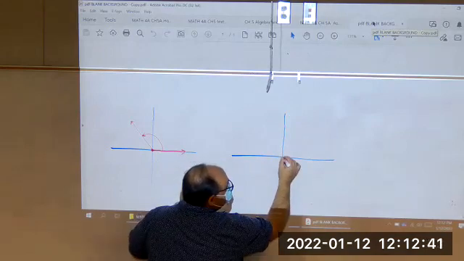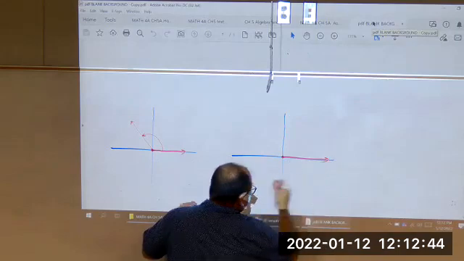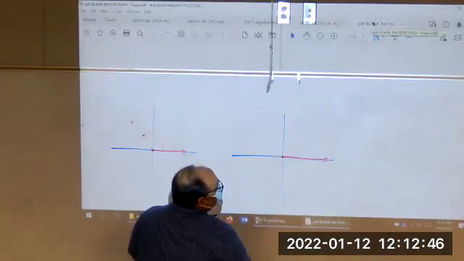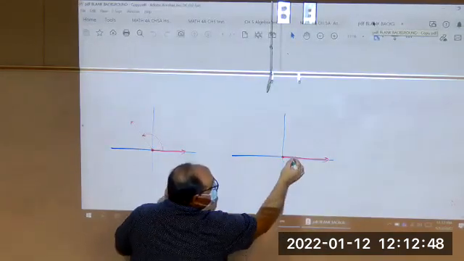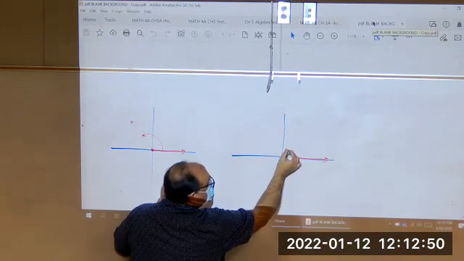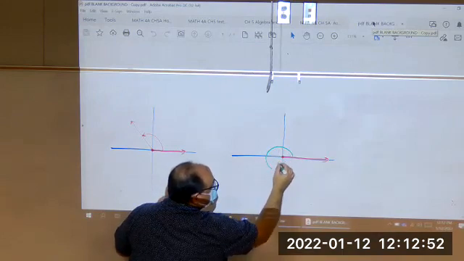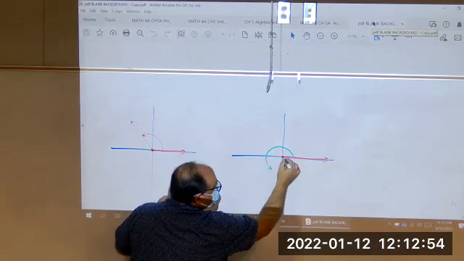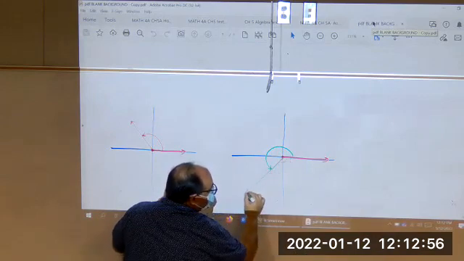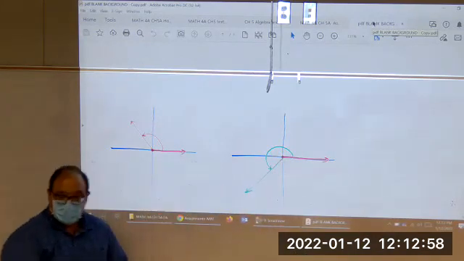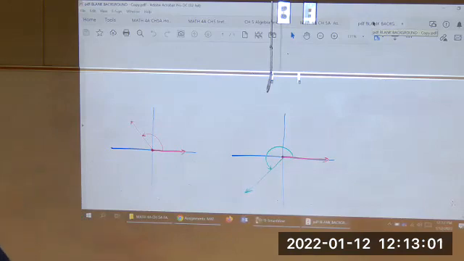Here's the initial side, and then we pick our opening and open all the way in here, into the third quadrant. We don't have a special name for it, but it's not an obtuse angle because it's more than 180 degrees.